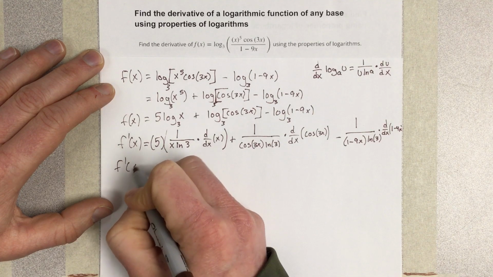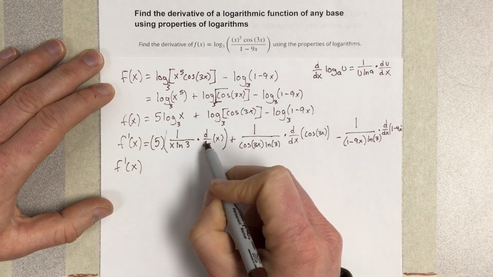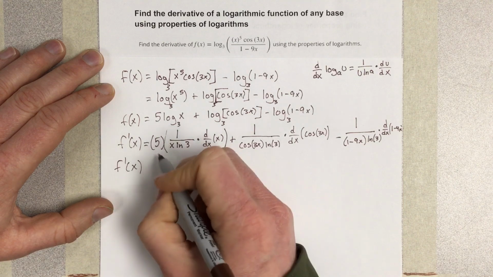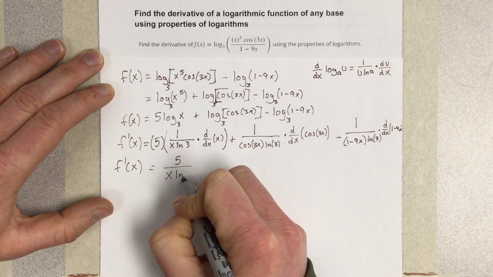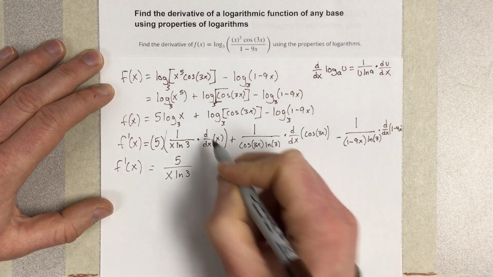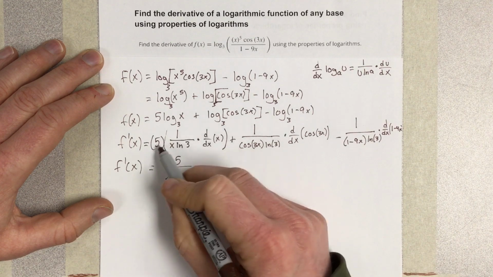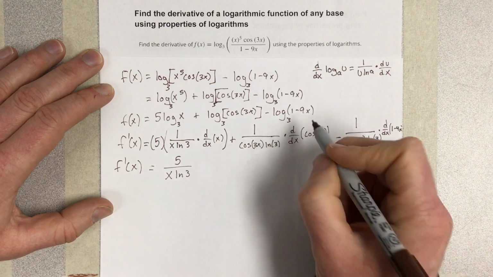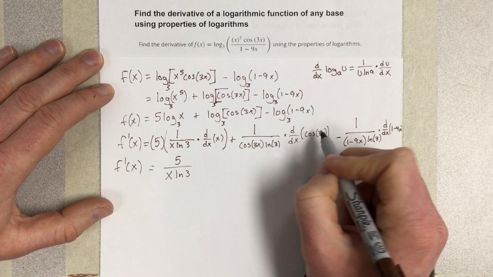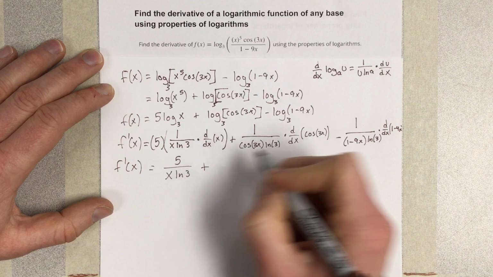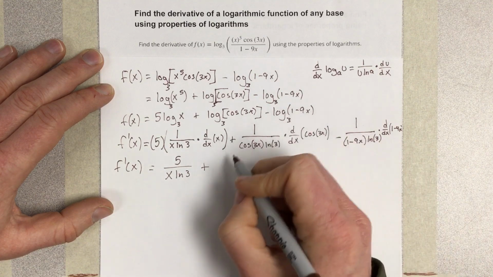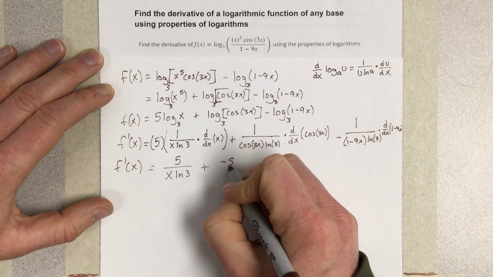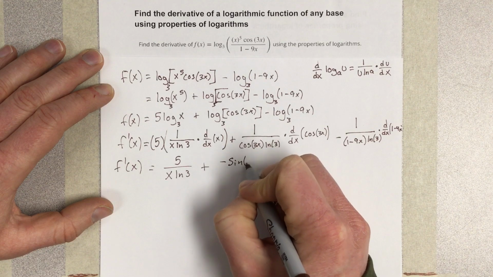So we have f prime of x. When we do the derivative of x, we get 1. So I just end up with 5 over x natural log 3. Right, because this is 1, multiply the 5 times this, so 5 times 1 times 1. And then derivative of cosine, we're going to end up with plus, I'm going to write this in the numerator. So that would be derivative of cosine's negative sine of 3x.